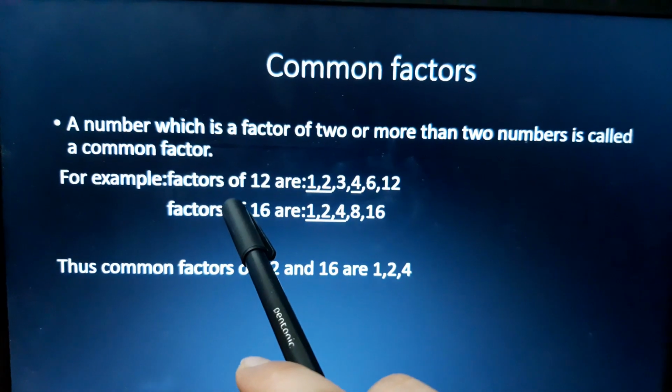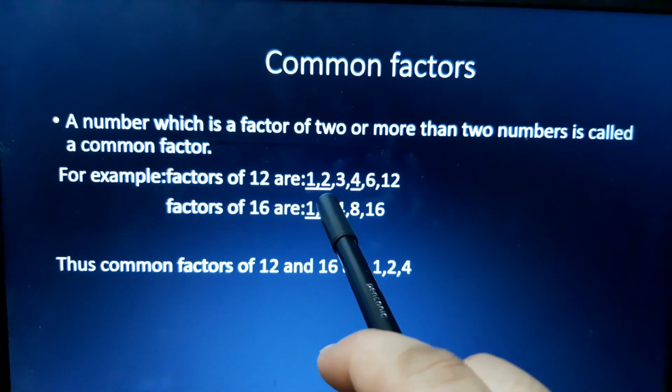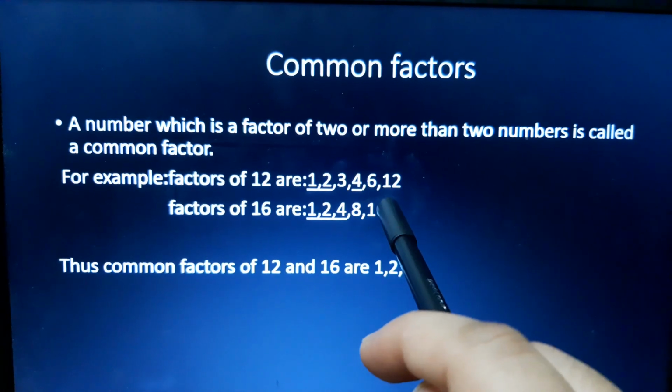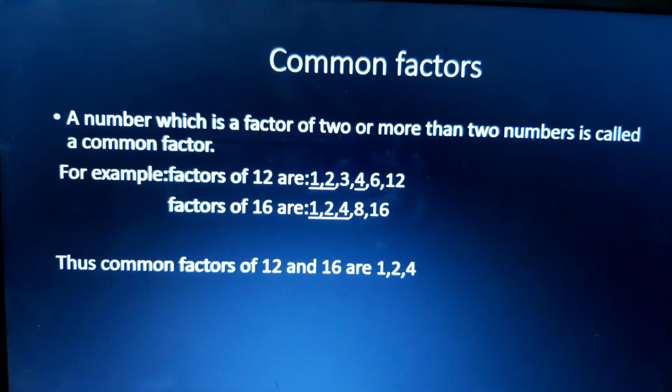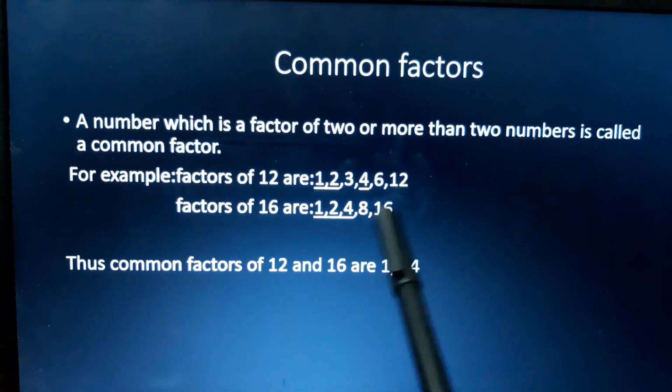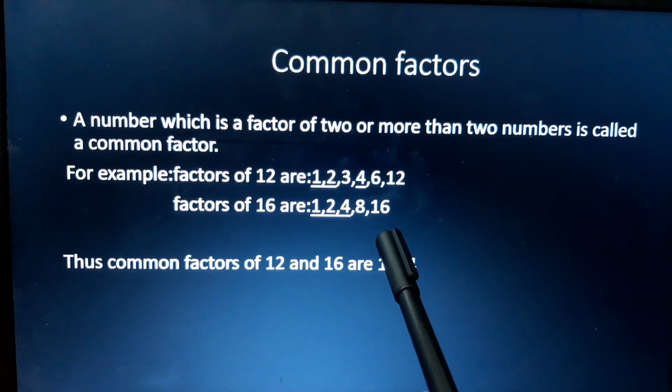For example, if I find the factors of 12, the factors are 1, 2, 3, 4, 6, and 12. Similarly, if I find the factors of 16, the factors are 1, 2, 4, 8 and 16.